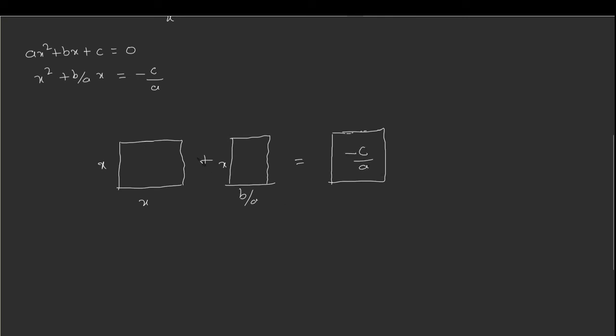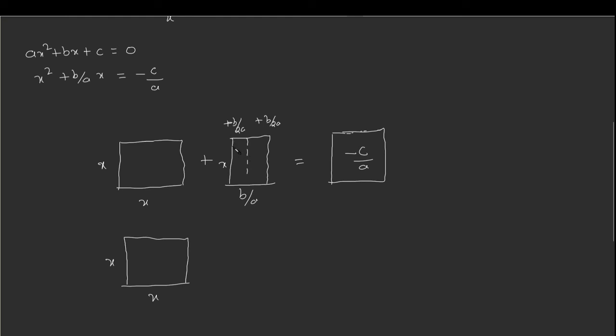Okay. Now I will repeat the same procedure, right? Now I will divide this rectangle into two halves. So I have divided, and this is b by 2a, and this is plus b by 2a. Now I will combine both the shapes. So for that I will draw once again a square here. Now this has x units and this has x units.